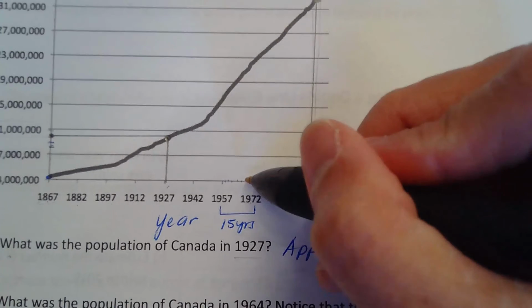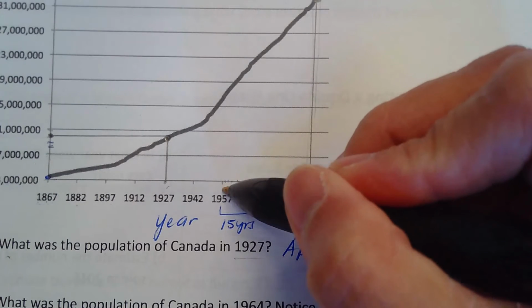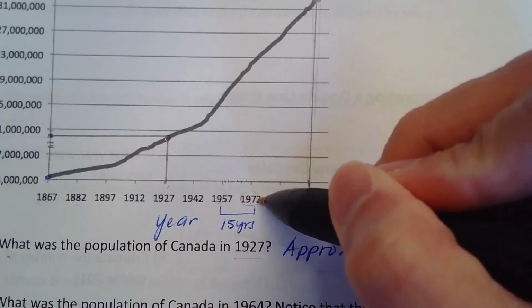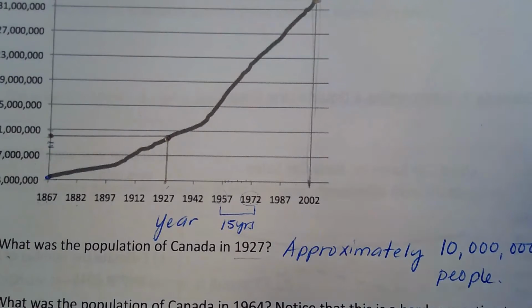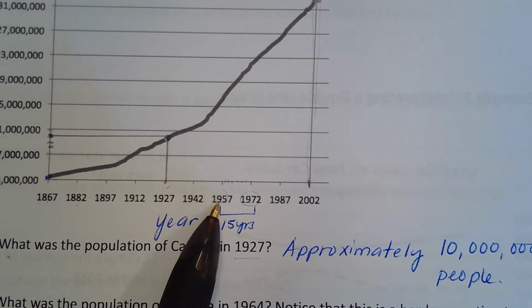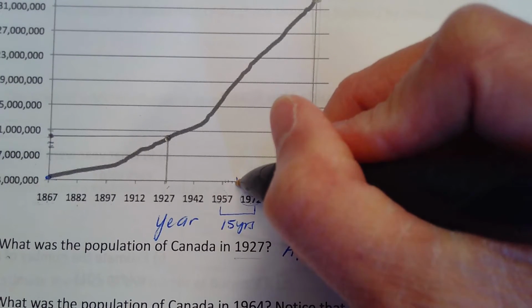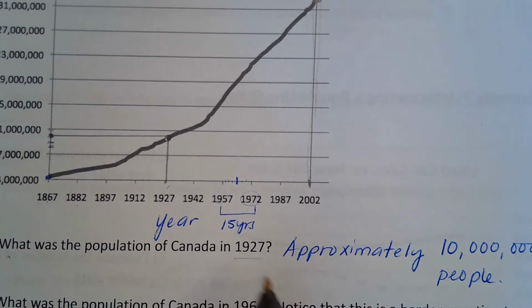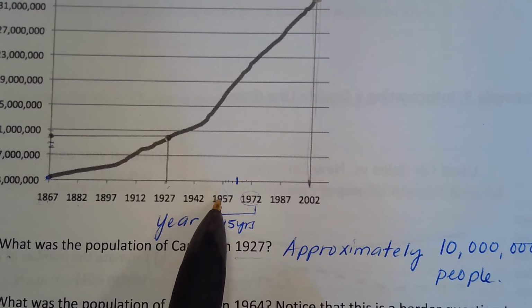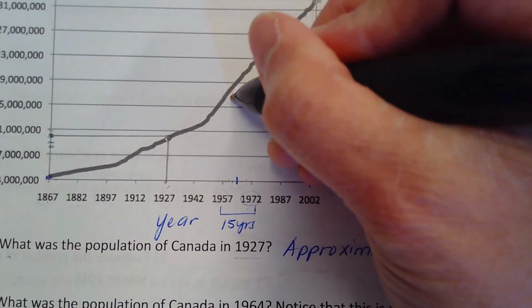So 1964 would be, is it closer to 1957? You would count from 1957. It's 7 years in between, right? So it's going to be approximately 7 years after 1957.